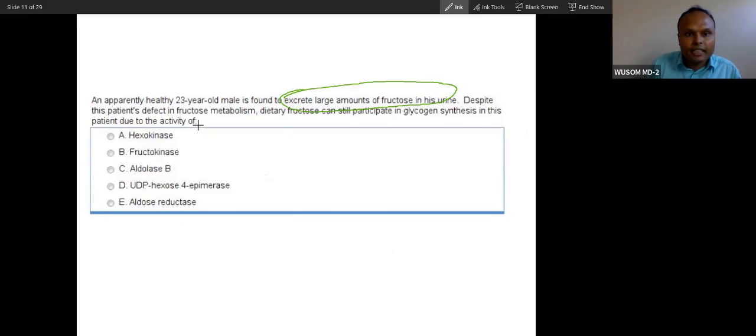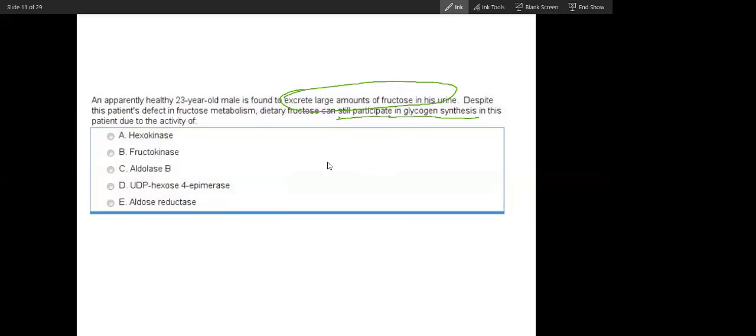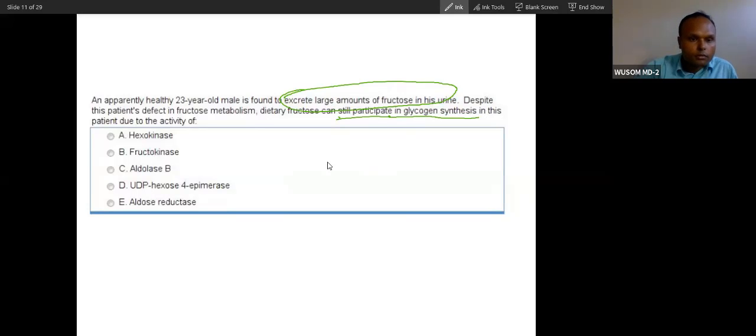Despite the patient's defect in fructose metabolism, dietary fructose can still participate in glycogen synthesis in these patients due to the activity of which enzyme? Fructokinase? Fructokinase is absent. This is actually the condition of fructosuria.